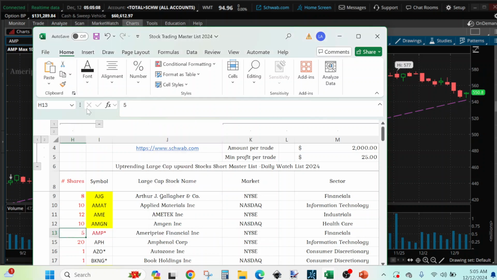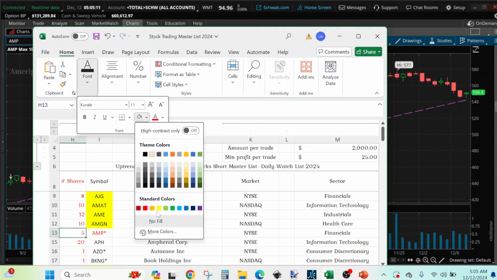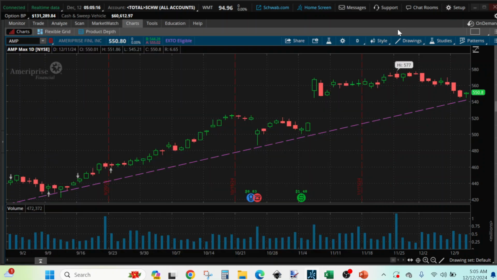So this one, I'm going to put a highlight here so that I can remember that it is the one that I need to purchase before the market opens, and I can determine how much I'd like to spend on it. One simple way to do that will be to look at where it is right now.